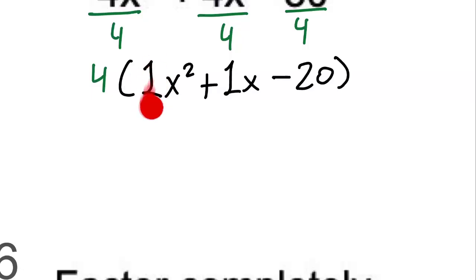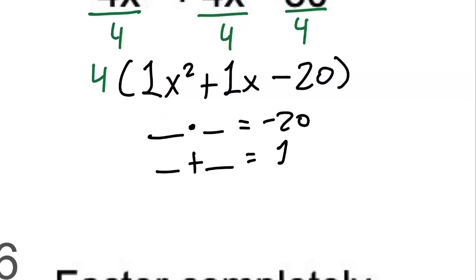Is this 1? Yes. Since this is already 1, we can just go straight to finding 2 numbers that multiply to negative 20 and sum to 1. Because it's 1, we don't have to actually multiply the negative 20 by anything.